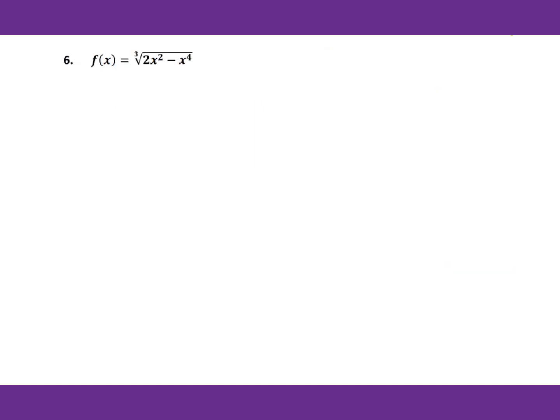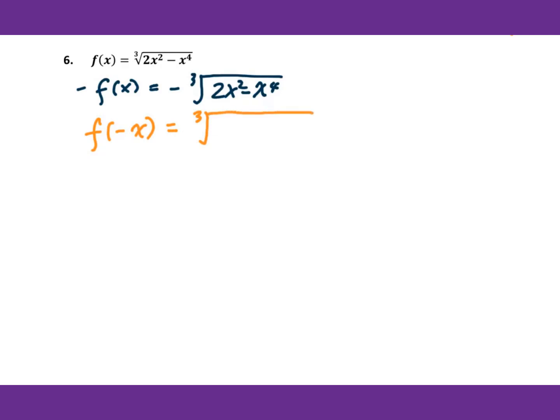Now go to number 6. We got negative f of x equals negative cubic root of 2x squared minus x to the 4th power. And f of negative x equals, change every single x into negative x. So we got 2 times negative x squared minus negative x to the 4th power.